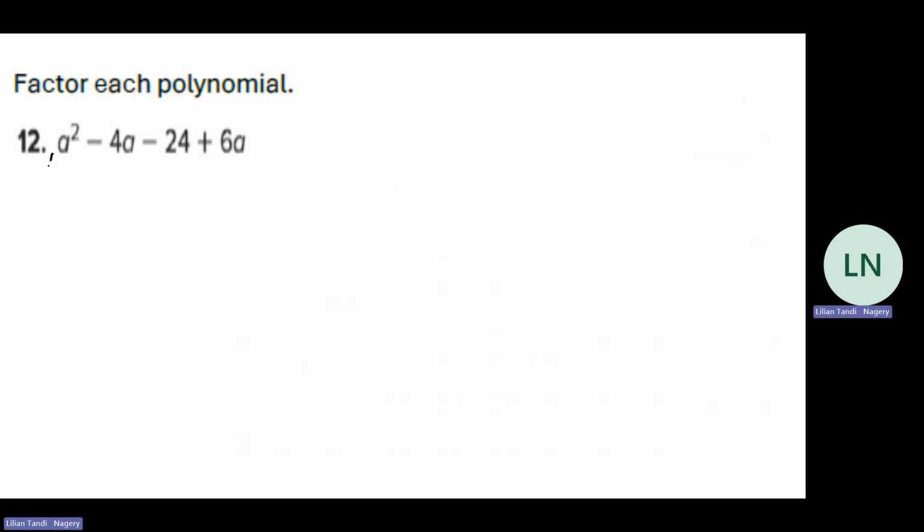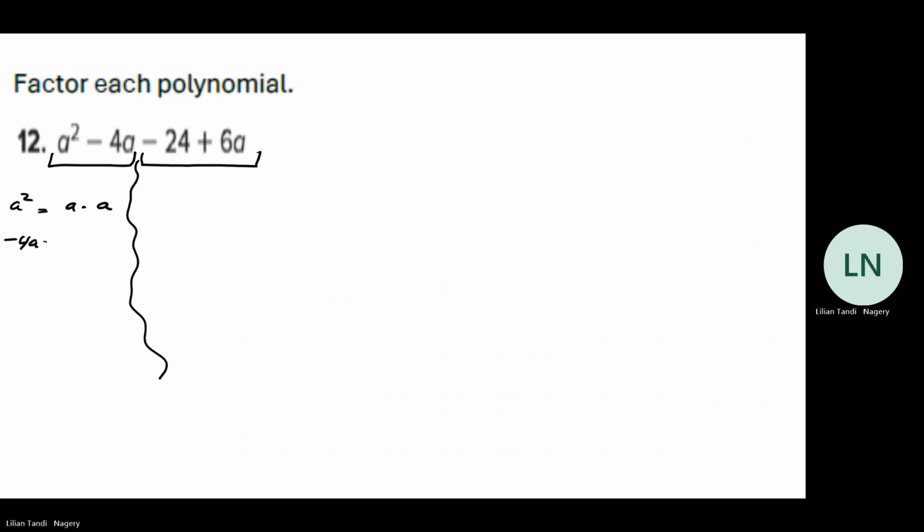Same thing here. I'm going to do these two first, and then I'm going to do these two second. So I make a bridge, a squared minus 4a. a times a, negative 1 times 2 times 2 times a. Negative 24 and positive 6a. 6a becomes 2 times 3 times a. 24 becomes negative 1.